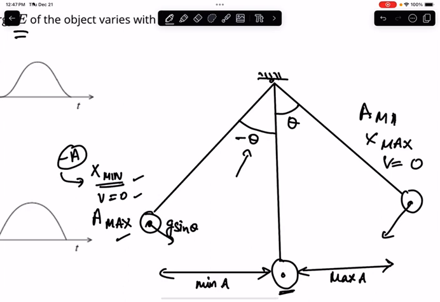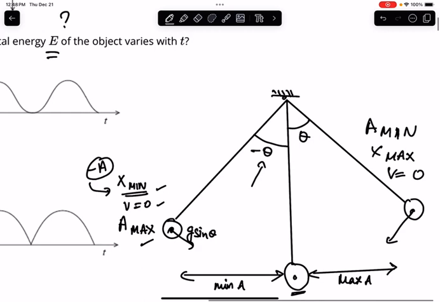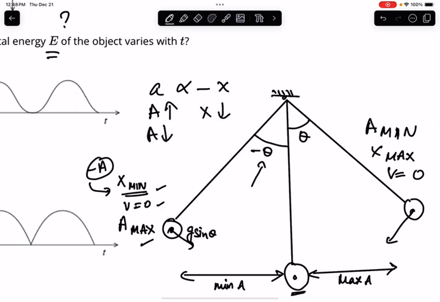Okay? And one thing to see over here is that we know that acceleration is proportional to negative x. So if acceleration is very high, we know the displacement will be very low. And if the acceleration is very low, we know the displacement will be very high, right? So if acceleration is minimum, x is maximum, or displacement is maximum.